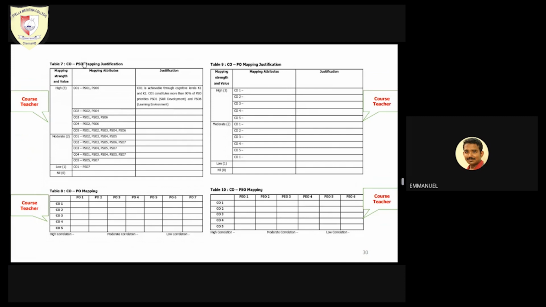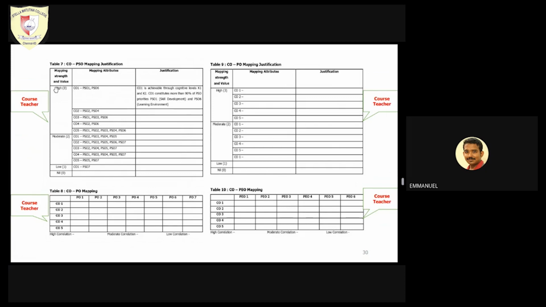The experts would have given the correlation as 3 or 1. Now, on what basis have they given that particular opinion? That justification should be given very rigorously. It is presented as an example here.